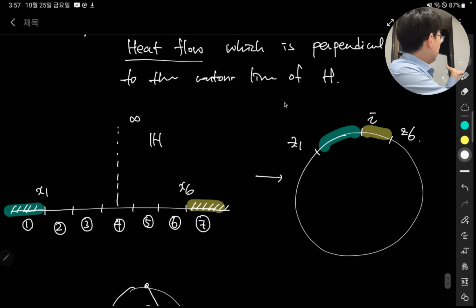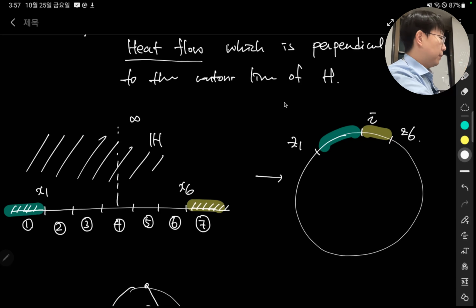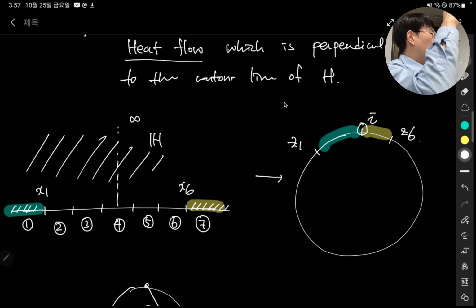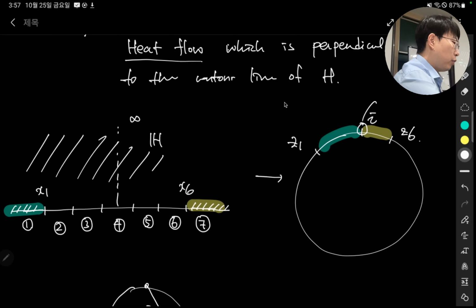When you close up this entire upper plane using the map, you can close it up except for one point right here. But we can imagine the point infinity, an imaginary point that you can reach by going far and far away, and it corresponds to the point I. It's the same thing: if you go along the yellow boundary, you reach I, the same infinity.